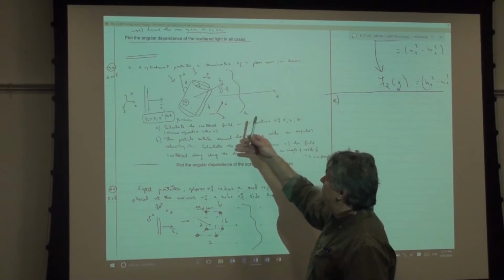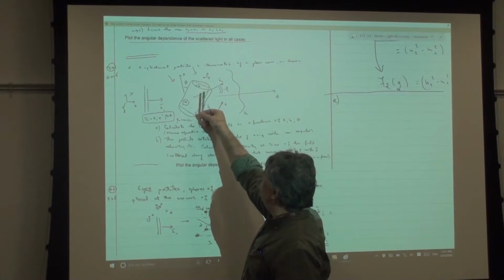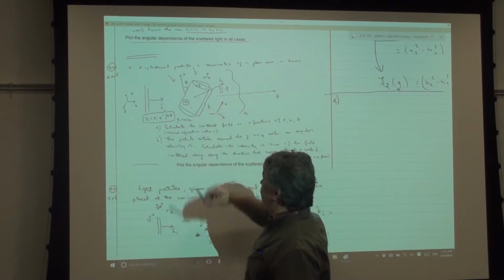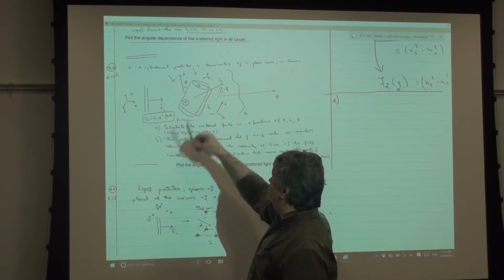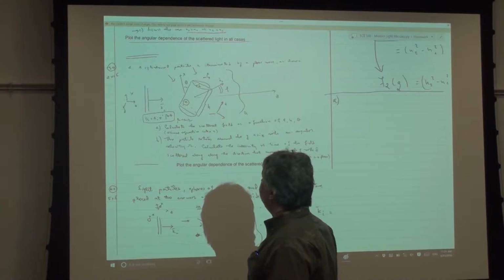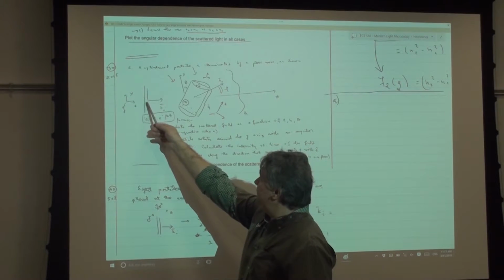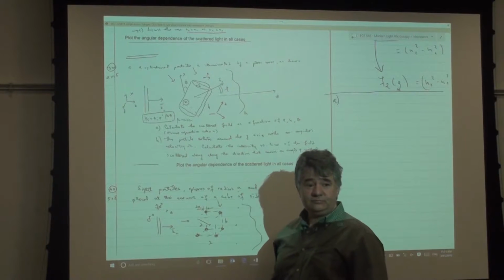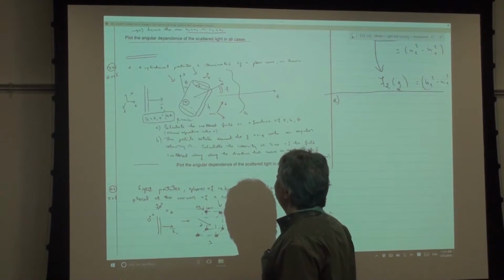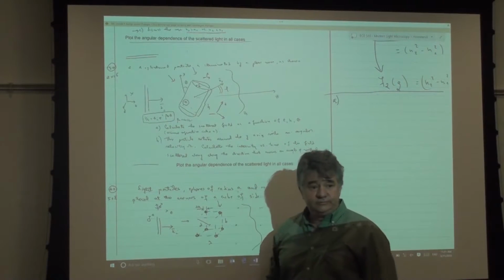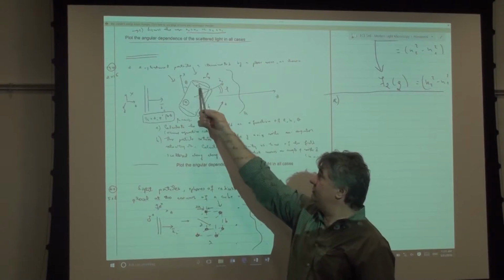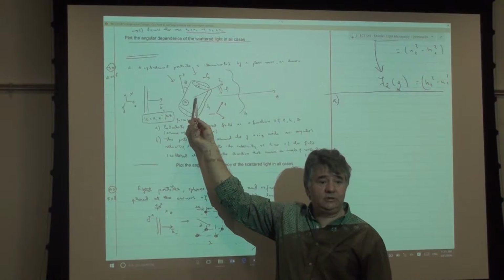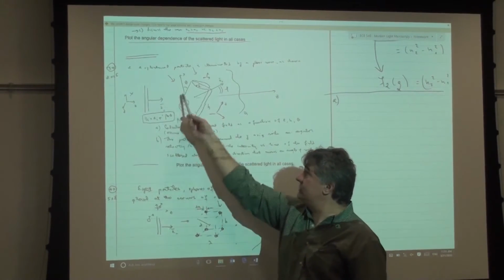So here what do we have? We have a particle that is not as straight as I want it to be. It's at a weird angle, let's say theta with respect to x. I was nice and said the incident is at least along z. So you have two options. First of all, you write chi for a straight cylinder, as if you are in its own system of reference.